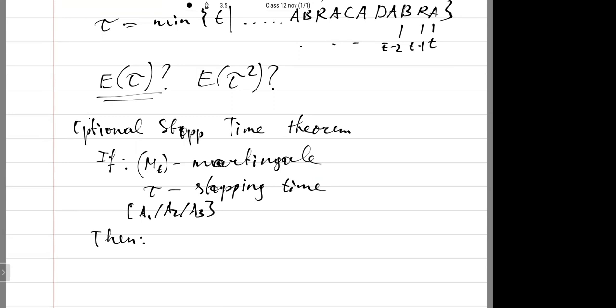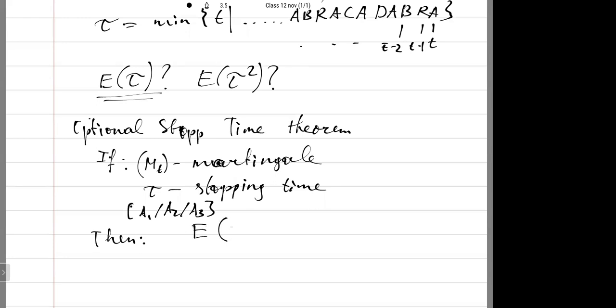Who remembers? That the expected value of M_tau is equal to the expected value of M_0. Yeah, exactly. You are completely right.